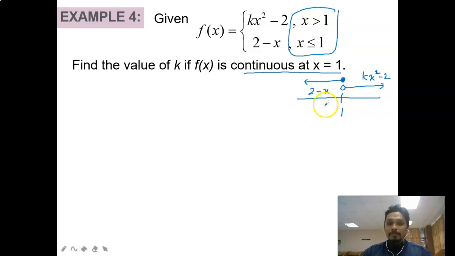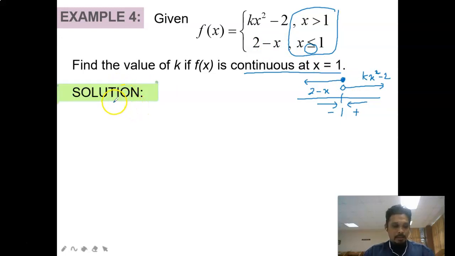Okay, so now just imagine x approaching 1 from the left side and x approaching 1 from the right side, and x equal to 1 for the function of 2 minus x. Now, let's say the first point here, f(1).